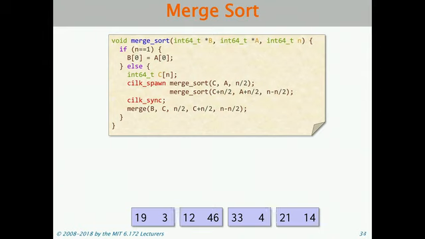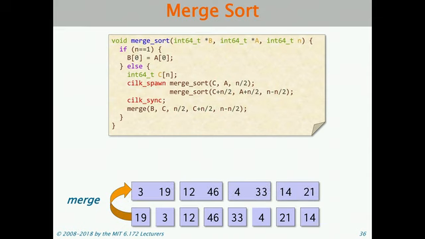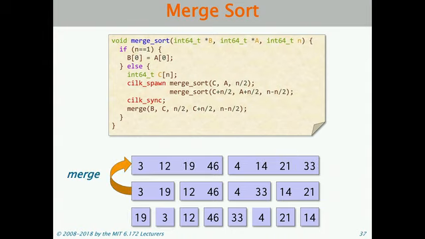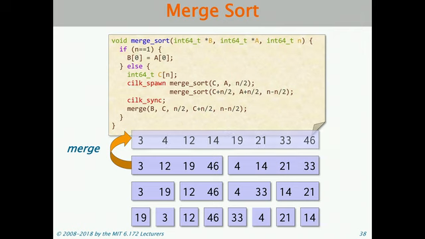It's going to divide it into 2 halves again, until you get to the base case of just 1 element, at which point you return, and then we start merging pairs of these elements together. So now I have these arrays of size 2 in sorted order, and I merge pairs of those arrays, and I get subarrays of size 4, and then finally I do this one more time to get my sorted output.